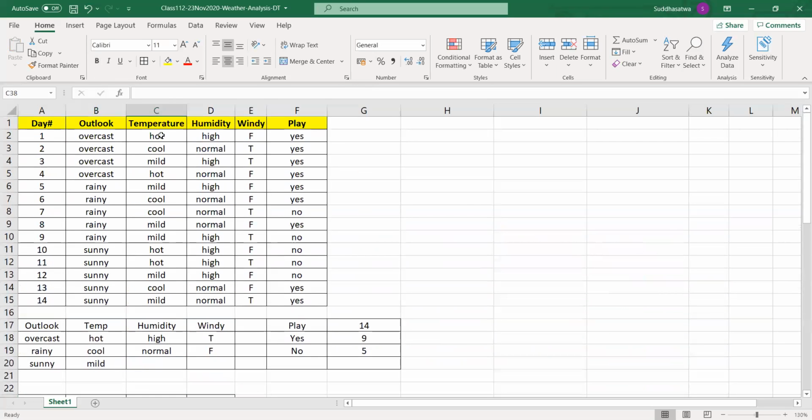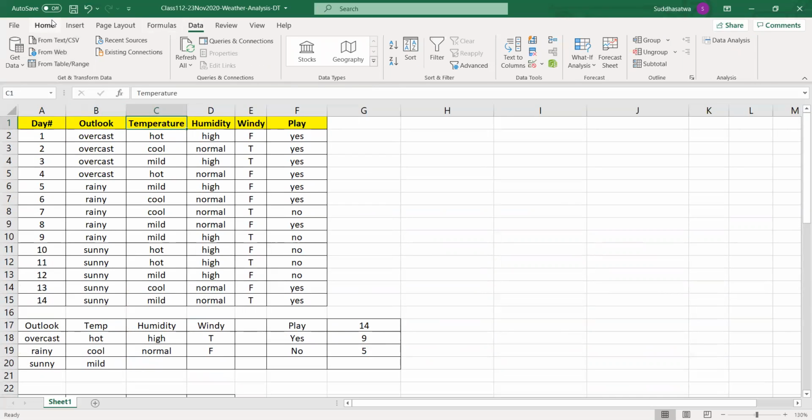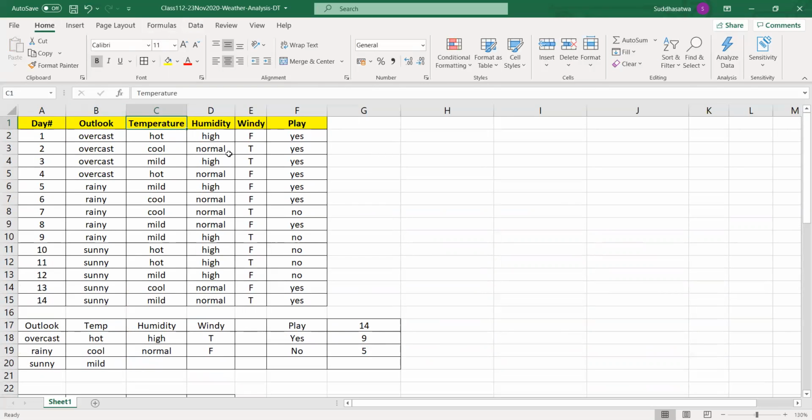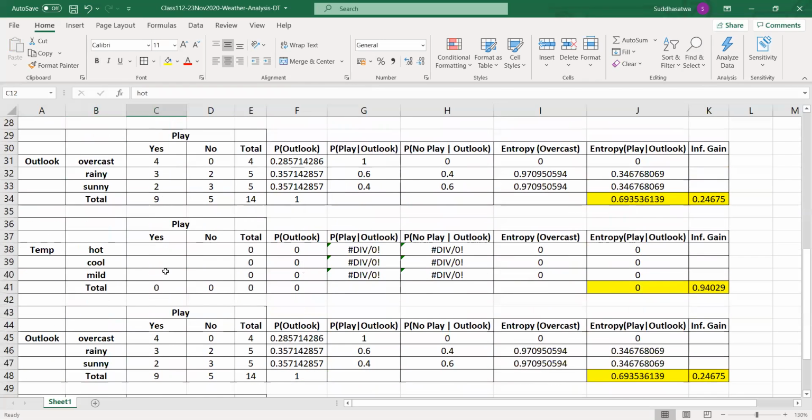So for temperature being hot, let me do a data filtration. I can also do a calculation, right? I can look at the data and find out hot is how many. For hot it is 2 comma 2.